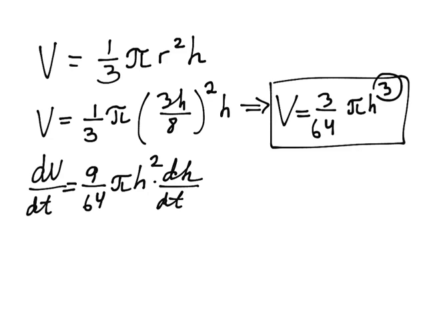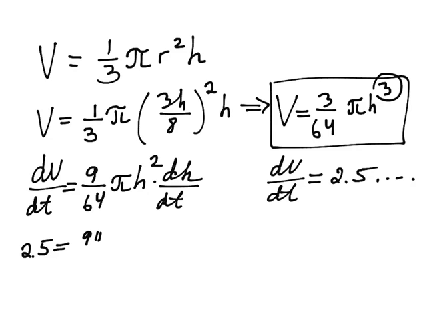Now if you go back and check our given information, you'll see that dV/dt is given. I remind you, dV/dt equals 2.5 units. So you can rewrite it as 2.5 equals 9 pi over 64 dh/dt.